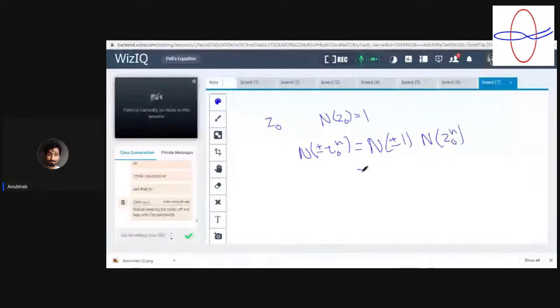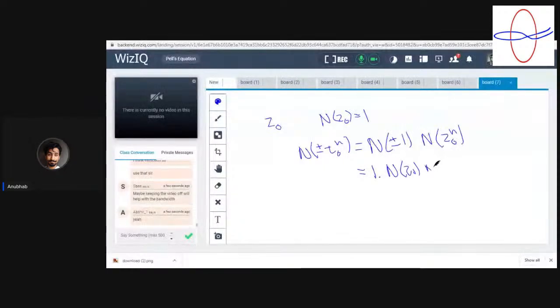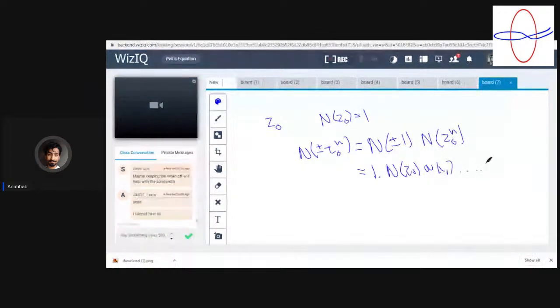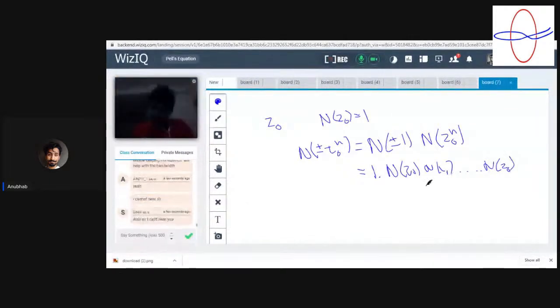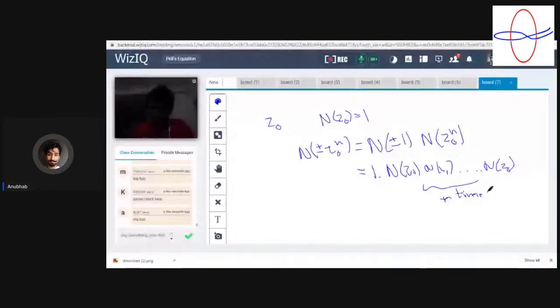Because norm is multiplicative, that's just norm of z naught times norm of z naught and so on, n times. So because norm is multiplicative, we get that norm of plus minus z naught to the power n is just 1.